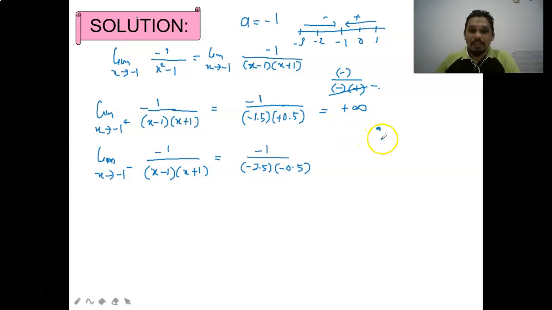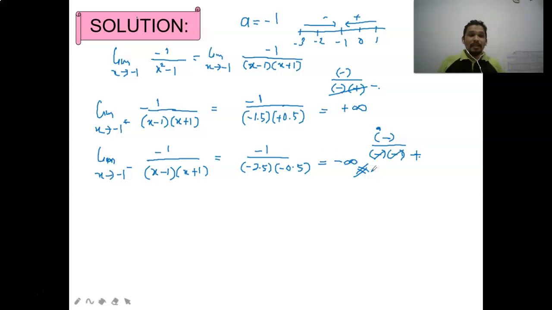So now it's just like negative divided by negative times negative. Negative multiplied with negative will give us positive. And positive divided by negative is negative infinity.